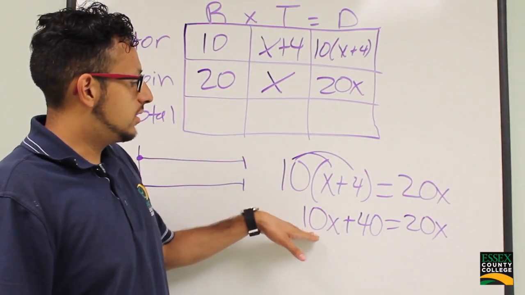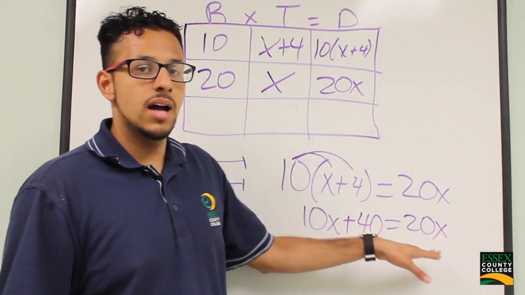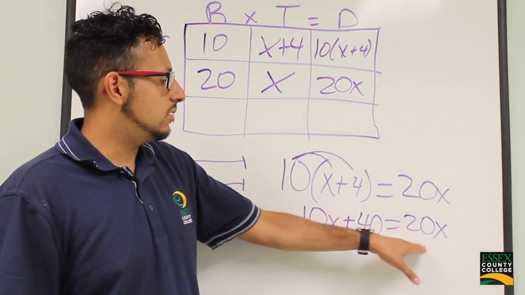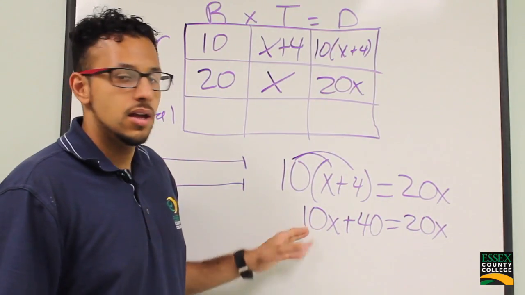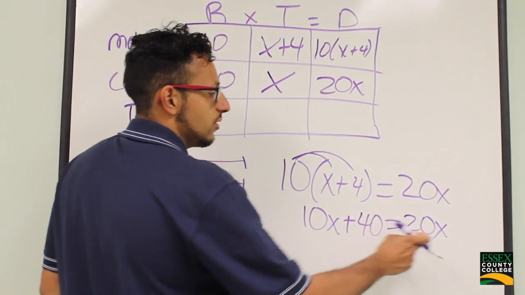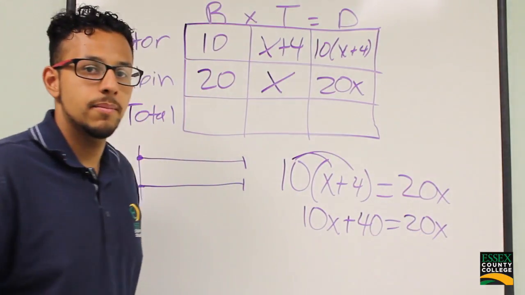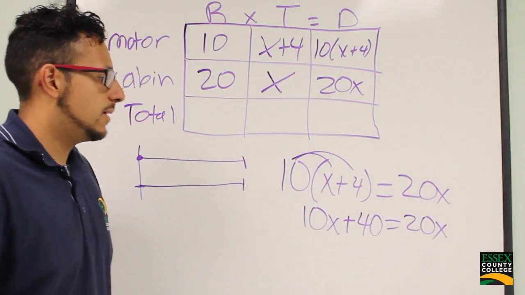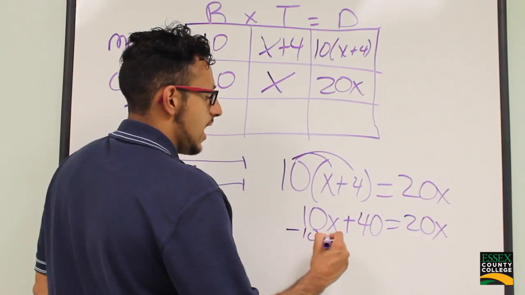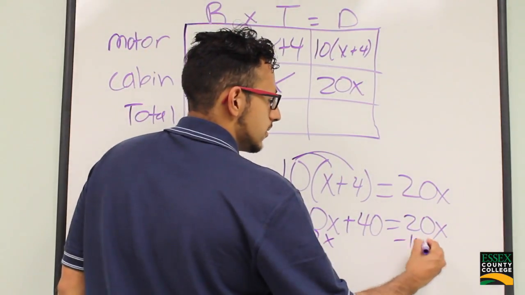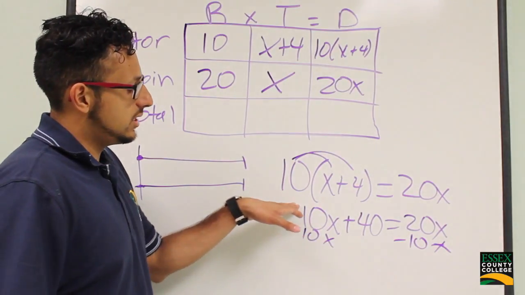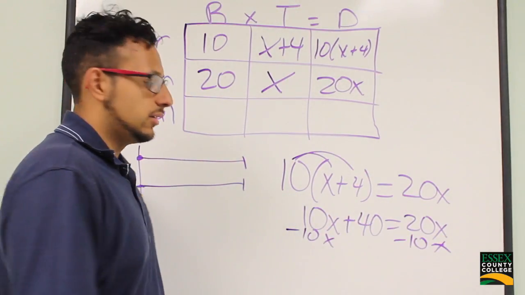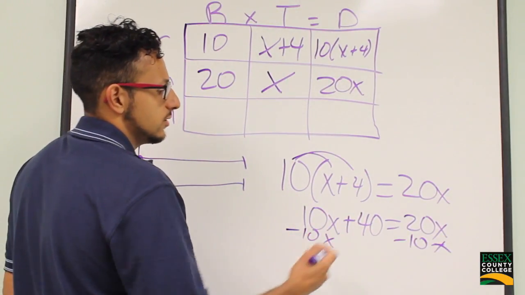I'm going to bring this 10X to this side because the higher X is already here. It makes it easier than bringing the higher to where the lower is. In order to bring over either one, we have to subtract it because they're both positive. So I'm going to subtract 10X from both sides, because I'm bringing this 10X to this side, so I have to subtract it in order to cancel it out.